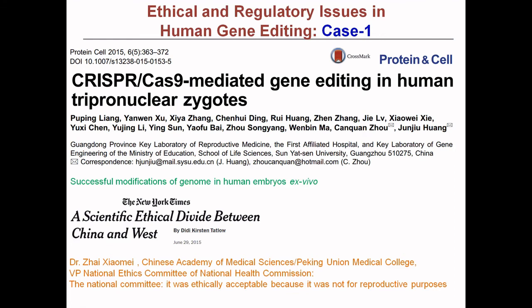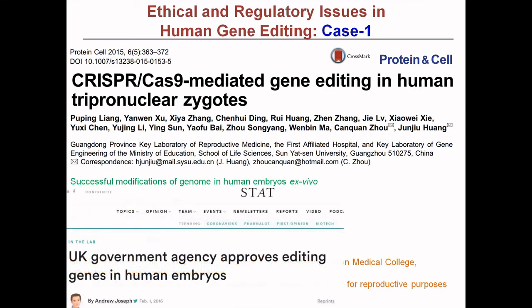But the argument of this paper is that because it is a triploid non-viable zygote, experimental manipulation can be performed on this type of zygote. The global community seems to agree with this because the UK government agency approves editing genes in human embryos when the zygotes are non-viable.